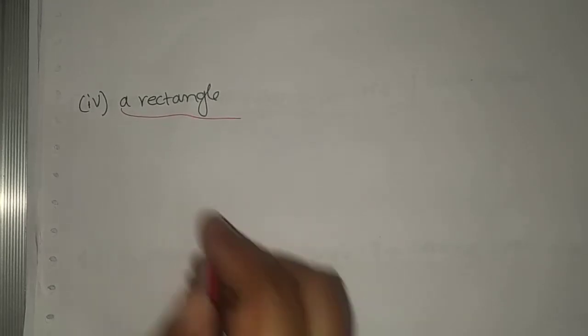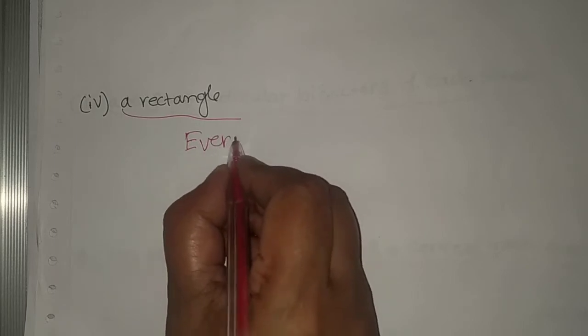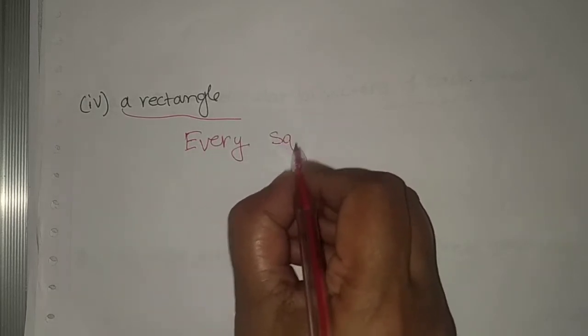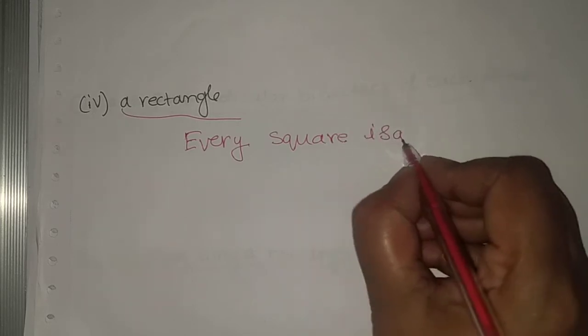Next we move on to the rectangle. Square as rectangle means, for this we can write every square is a rectangle.